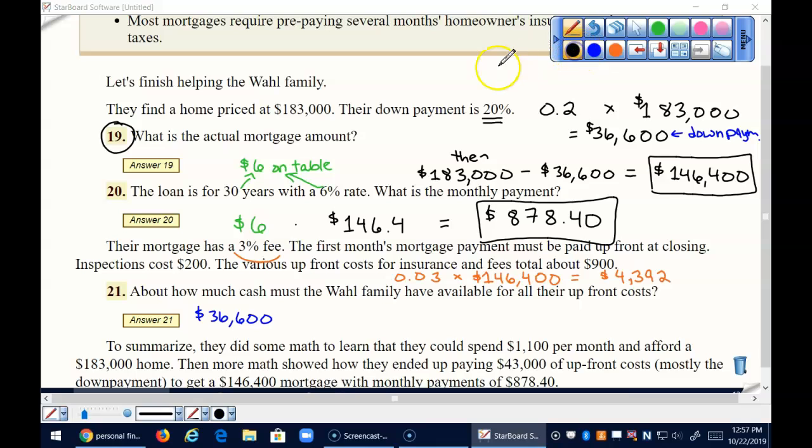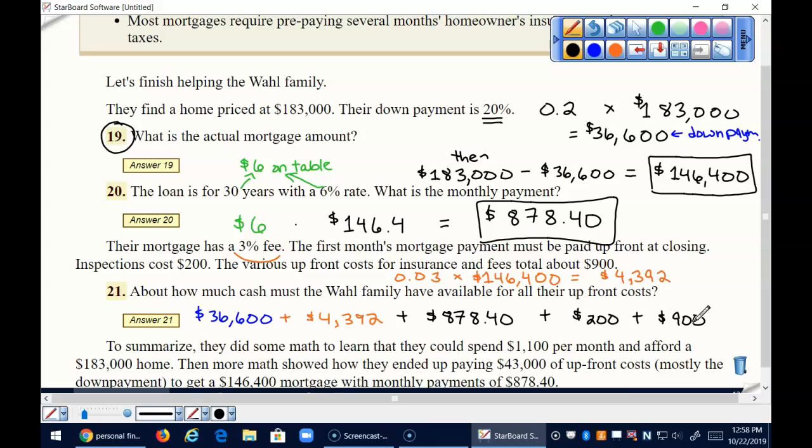And the 3% fee, and the first month's mortgage payment, and the inspections, and the other stuff.